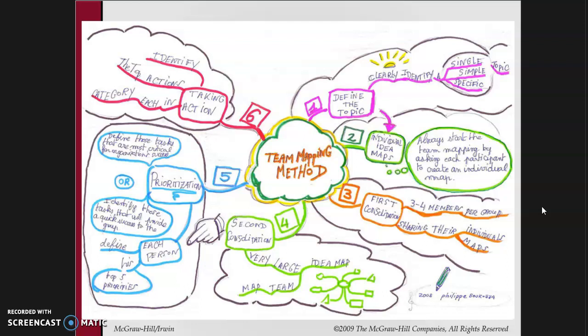Otherwise, a term paper can just be a floating abstraction, castles in the air, and have no relation to real life. So start thinking in your idea map of what organizations you're going to profile, what leaders you're going to be profiling, using as examples, positive or negative. Think about that. That should be part of your idea map.